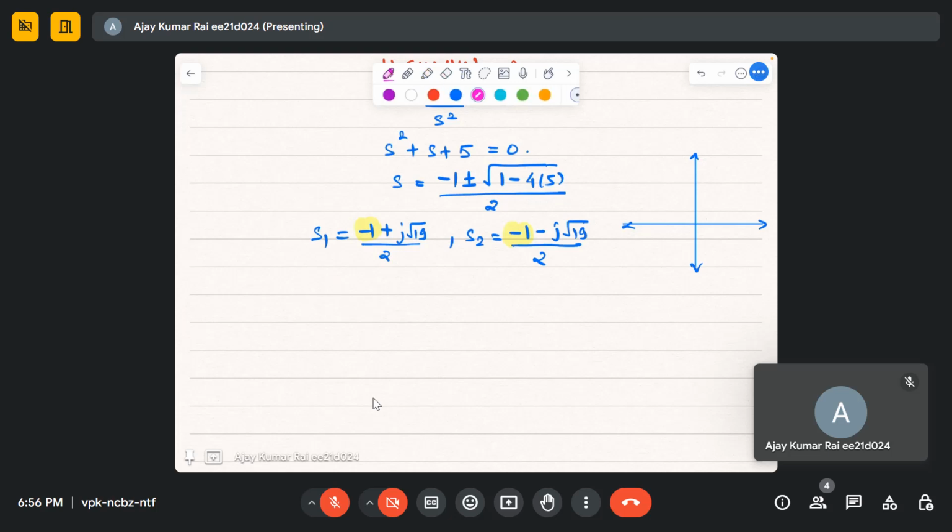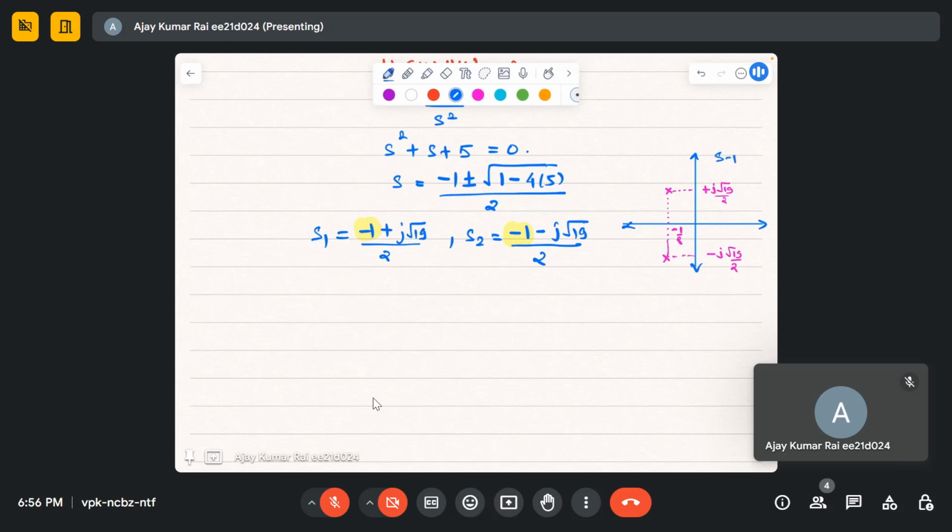So the roots will be lying somewhere here, because this point is equal to minus 1 by 2, and this point is plus j root of 19 by 2, and this point is minus j root of 19 by 2.